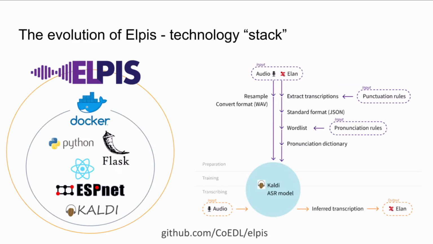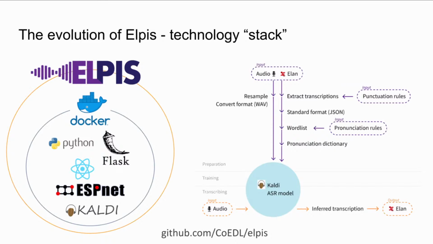On the right-hand side here, you can see the stages in the speech recognition process, where we have some sort of input, being some language recordings, some audio, and some transcription. So ELAN is the name of the software that many linguists use to transcribe their audio. So we accept audio files and these ELAN transcription files. We resample the audio, we extract the transcriptions from the ELAN files, we convert them to a standard format, and then we build a word list and a pronunciation dictionary out of them.